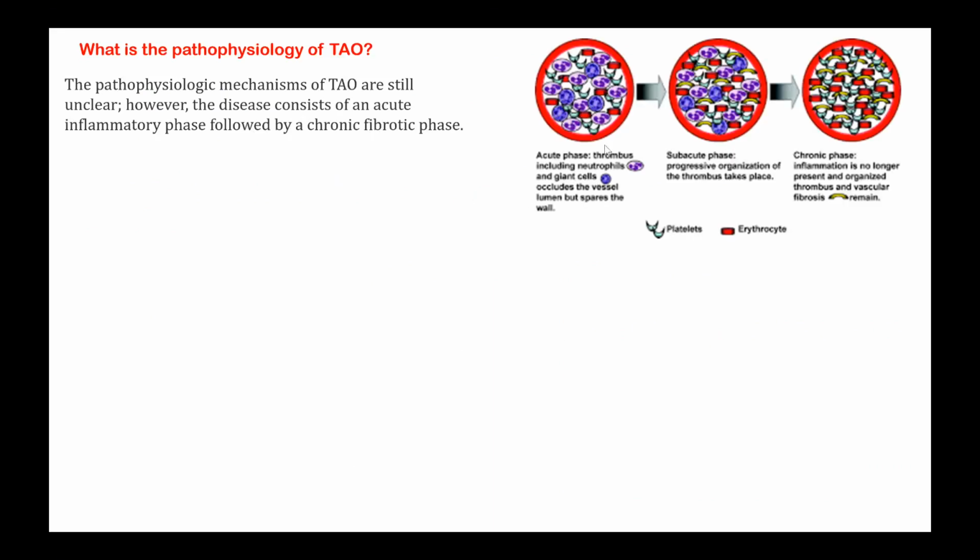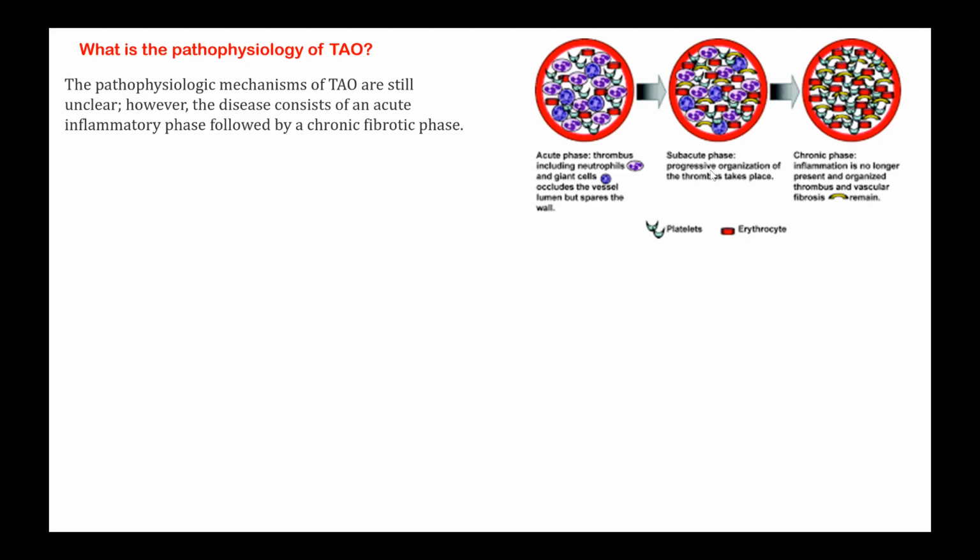If you see microscopically, these are the changes. They classify it into acute phase, subacute, and chronic phase. The neutrophils and giant cells occlude the vessels but spare the wall. So that is why it is non-arteriosclerotic. The vessel wall is not damaged.